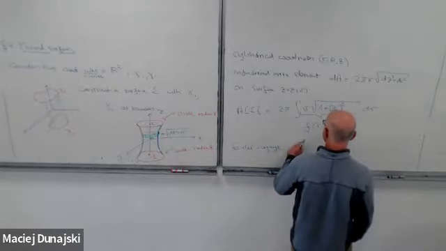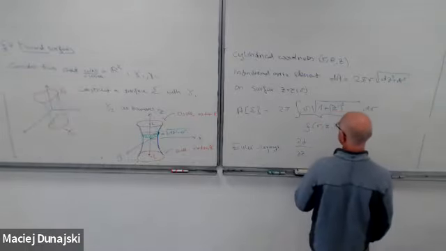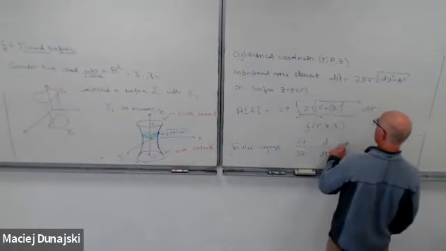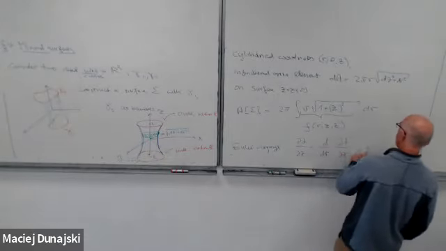So I have df by dz minus d by dr of df by dz prime equals 0.